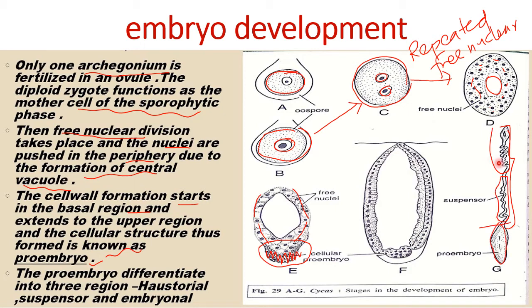So three zones are developed there, and this way the embryo development is taking place. So this is the proembryo, and these are free nuclear divisions, and in the later stage this becomes more elongated and this becomes big, and this proembryo grows big and later on forms the embryo.